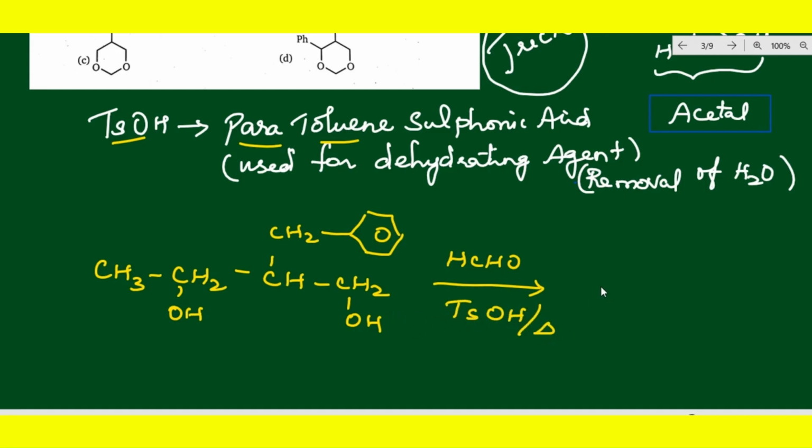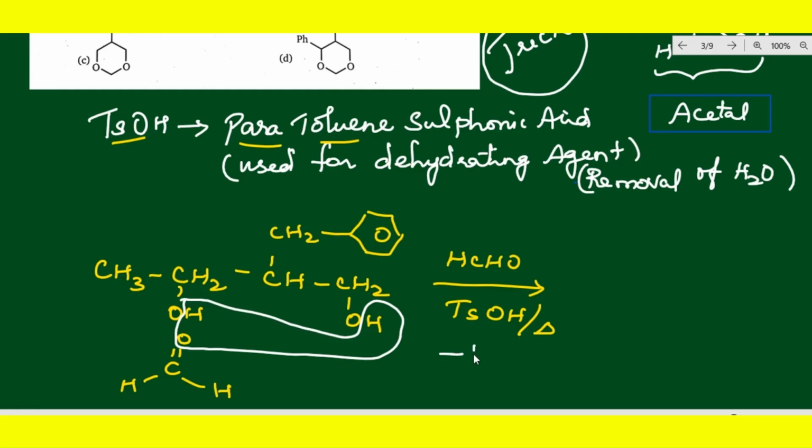While heating, you will be getting the product. Now here I give a small trick for you to understand. See, here C double bond O, here one hydrogen, here one hydrogen. Now I draw the structure for you. So this oxygen, this hydrogen, this oxygen, and this hydrogen. So you are releasing a water molecule.